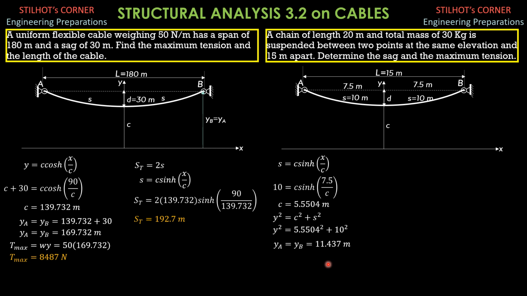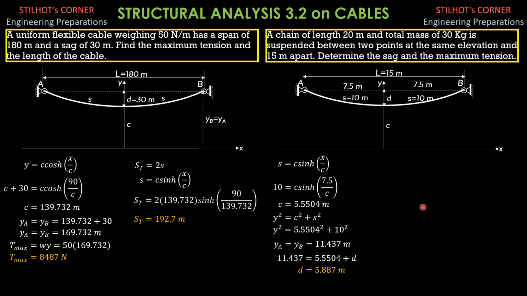That's the maximum Y. Then the maximum tension can now be computed, W times Y, where W is total mass 30 kilograms divided by 20, so that's 1.5 kilograms. Then we multiply that further by 9.81 newtons per kilogram, so that we can have the uniform weight of the cable catenary in newtons per meter. So 11.47 equals 5.5504 plus d. So the sag can now be computed, 5.887 meters.